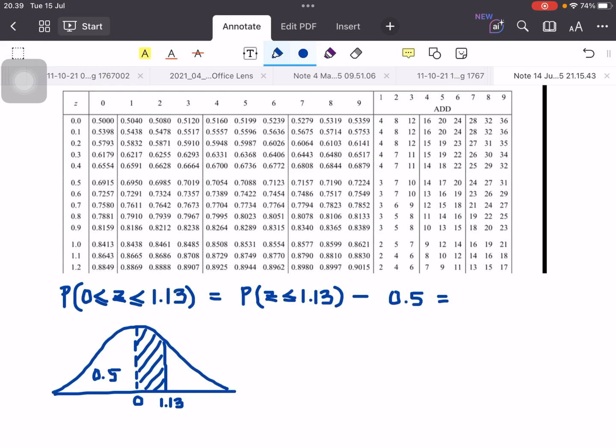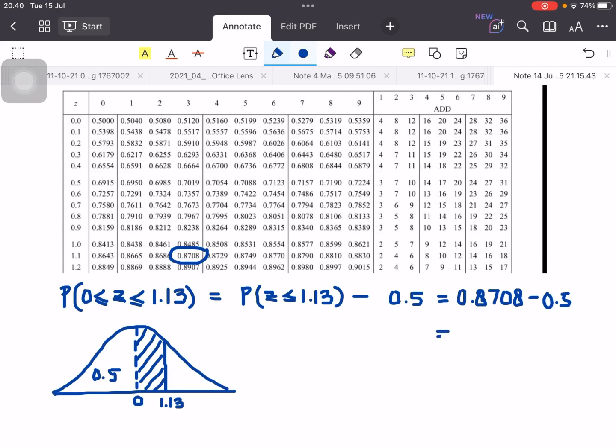We can find it using the table, the one that I circled. The value is 0.8708 minus 0.5.